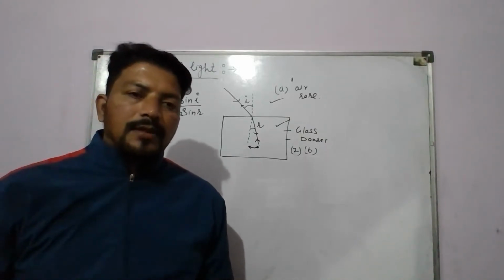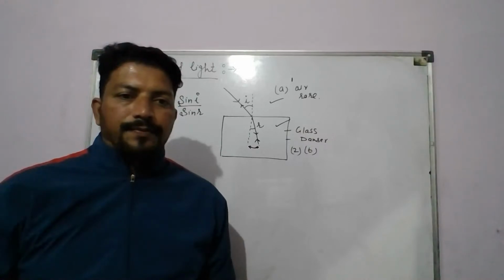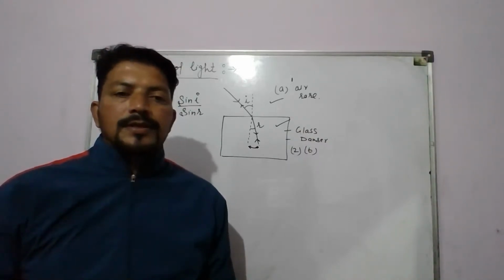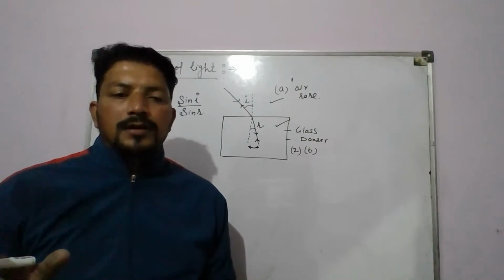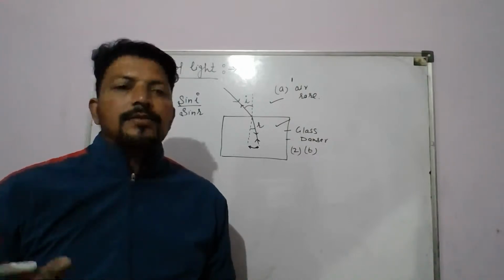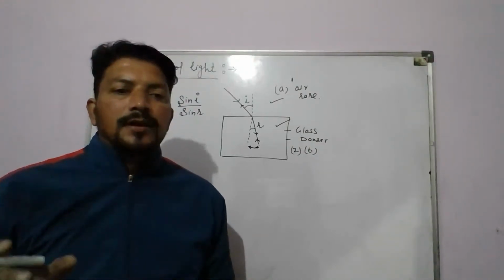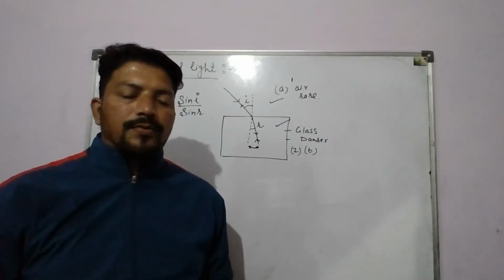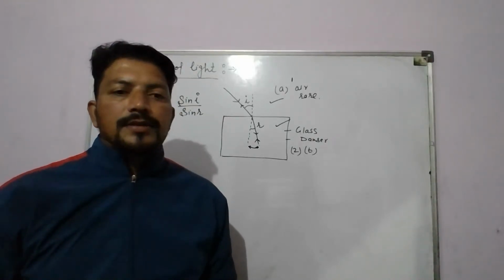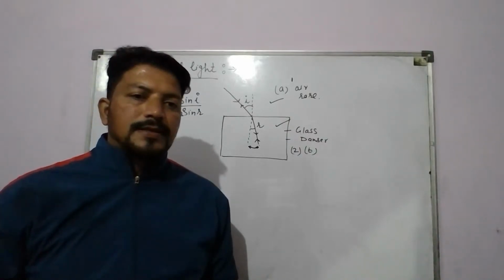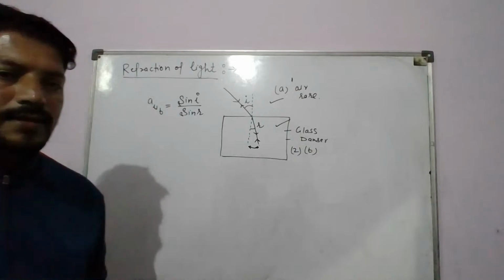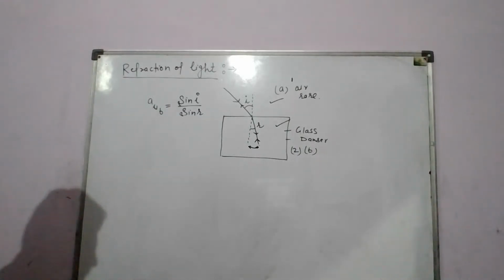The wavelength of radio wave is maximum, but you cannot see all the rays, you can only see the visible region. The wavelength of the visible region is 4000 angstrom to 8000 angstrom, and the exact value is 3800 to 7600 angstrom. We discussed this concept in the previous video.